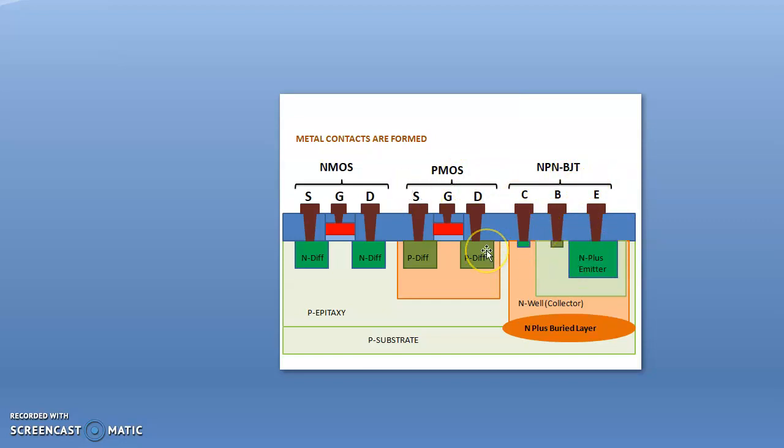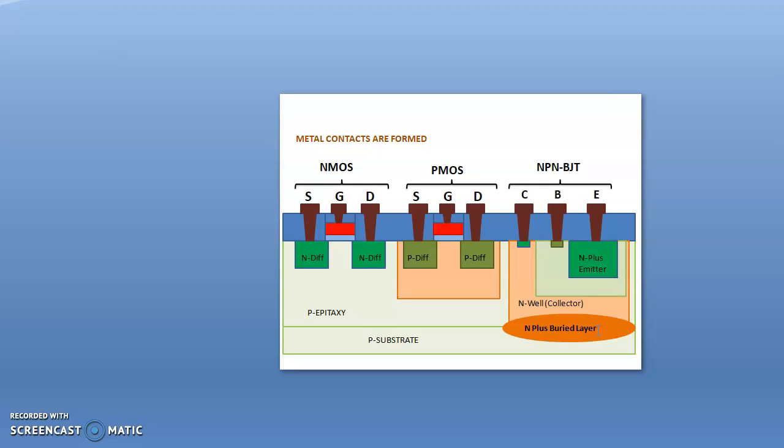So this is the fabrication process of the BiCMOS. The extra steps involved are the formation of the P base and this buried layer. This buried layer is used specifically for avoiding the latch-up problem which we used to have in the CMOS.